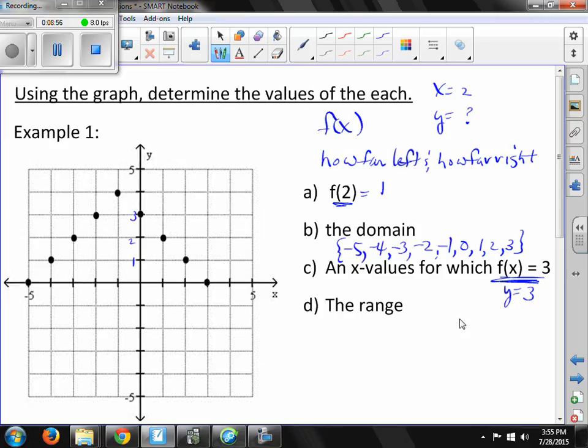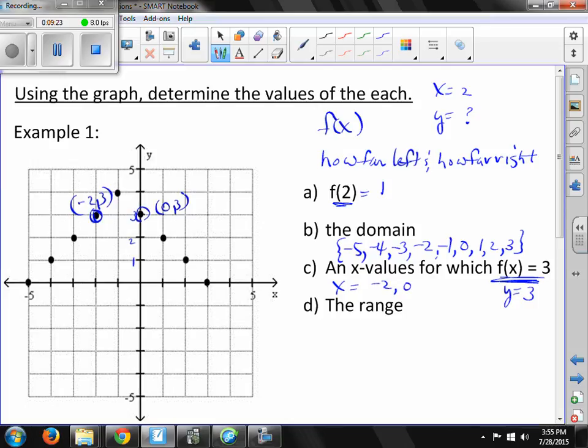What are the points that have y values of 3? Well, this one has a y value of 3, and so does this one. So what are the x values? This one is 0, 3, and this one over here is negative 2, 3. The x values are negative 2 and 0.